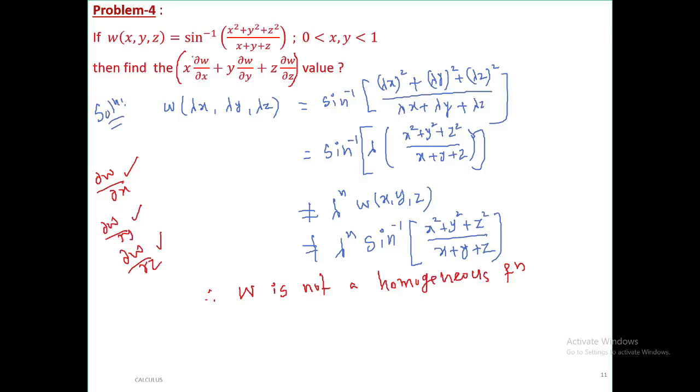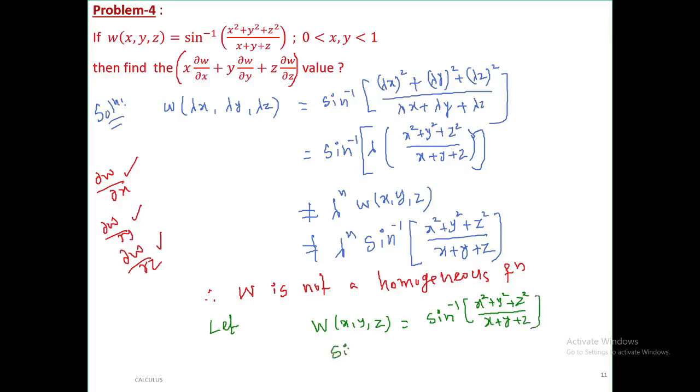Look at here. So therefore, this we can write. Let w be equal to sine inverse of x square plus y square plus z square divided by x plus y plus z. Okay, then sine function to this side, then what will we get?